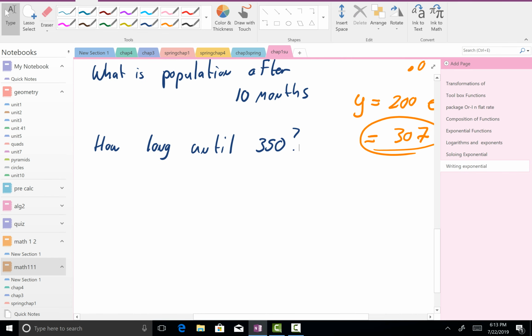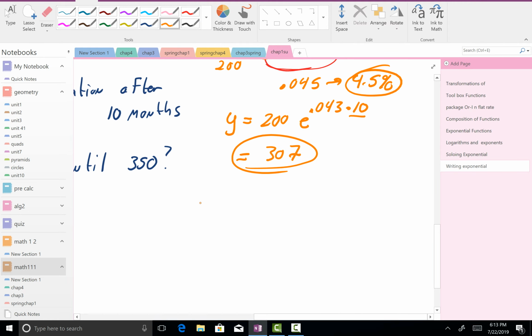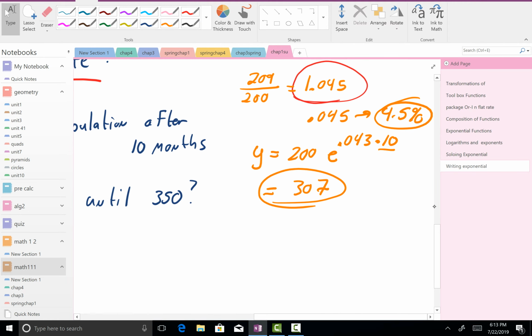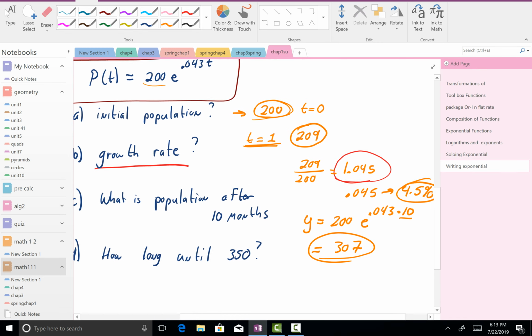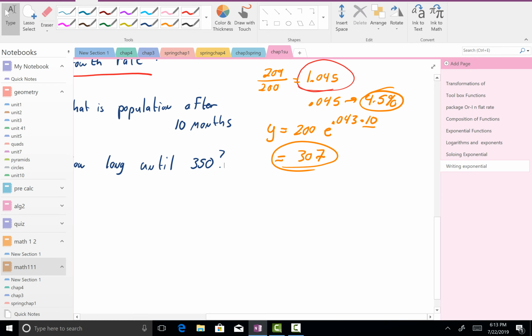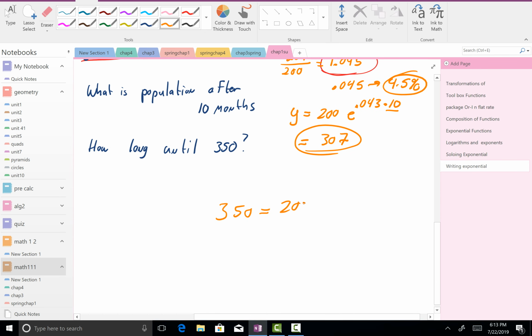How long till it reaches 350? All right, so now what we're going to do is instead of finding or putting in the time and getting the population, we know what the population is, so we need to find how long it takes. All right, so it's going to be 200 e to the kt.